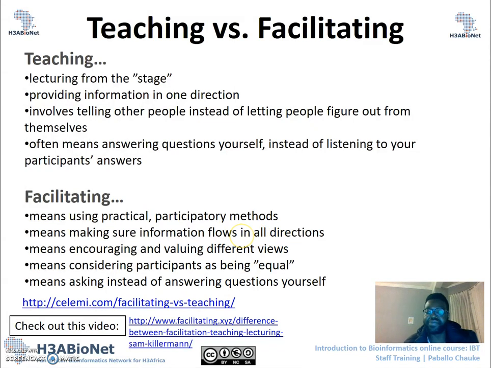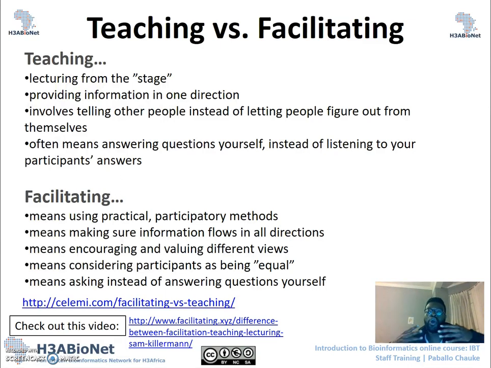Because I think teaching is: I'm standing in front and I'm telling you this is the knowledge, and facilitation takes a different approach. So in teaching, you lecture from the stage, in front of a board or a projector, and you are speaking to students. You're providing information in one direction. I am the bearer of knowledge.